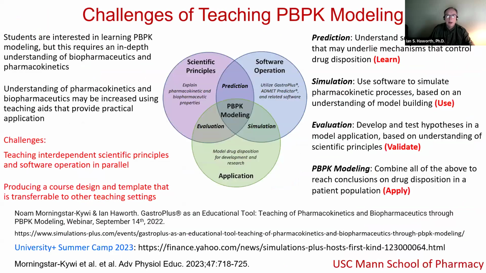So let me spend just a little bit of time here talking about teaching, because I think from what I've just said, it's clear that you need a lot of understanding of a lot of different things to appreciate PBPK modeling. You on the one hand need to understand the physicochemical properties, the physical chemistry of what happens to a drug at the molecular level.